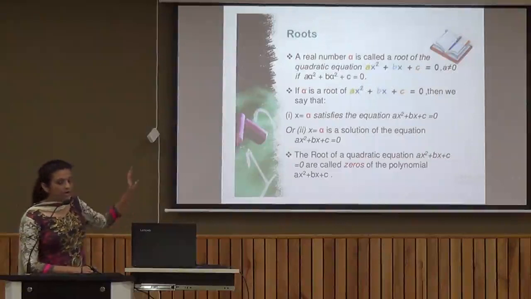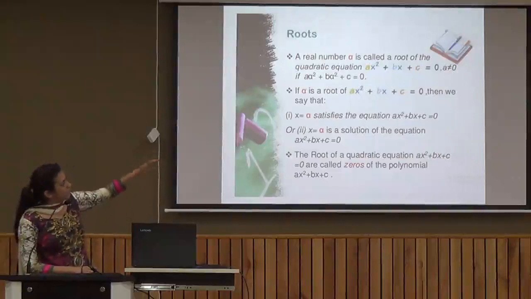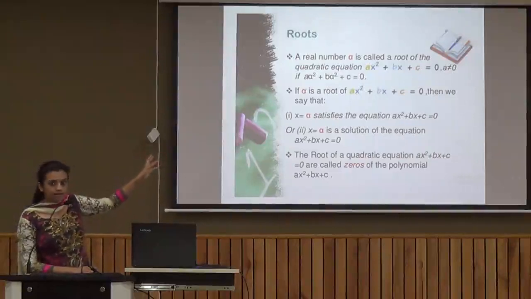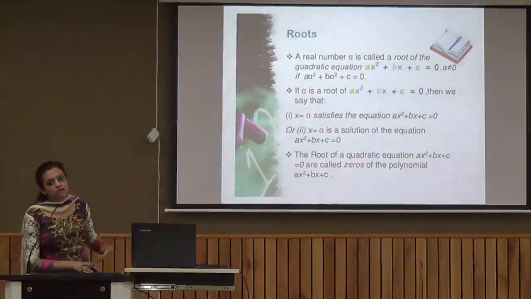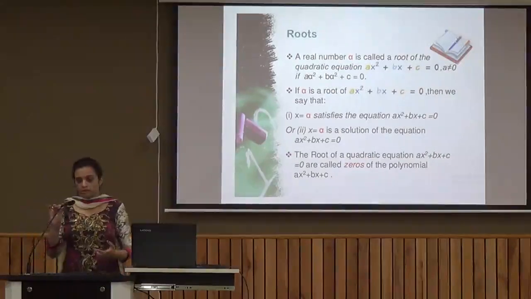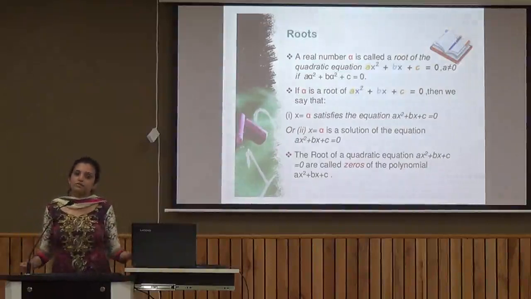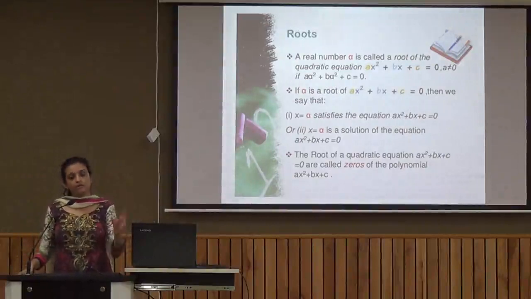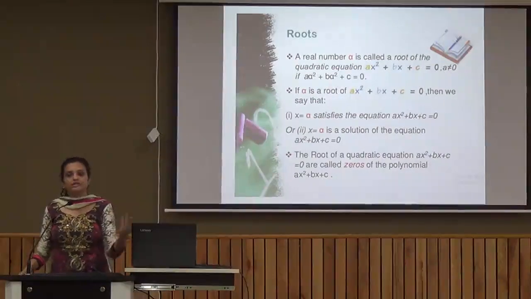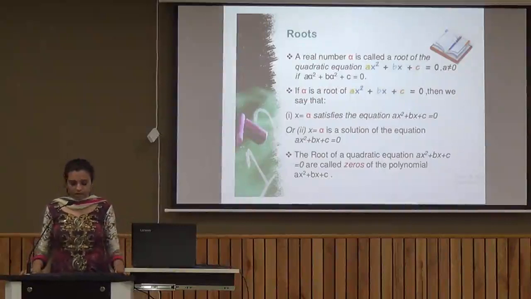That is, if you put the value of x as alpha, the equation turns out to be 0. In simpler terms, the value of x for which the equation becomes 0 is called the root of the equation, or in general terms the solution of the equation.